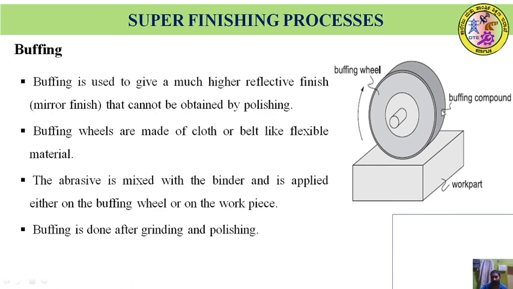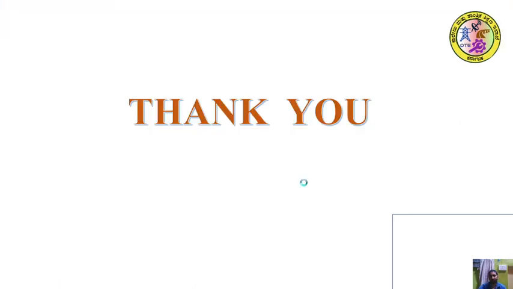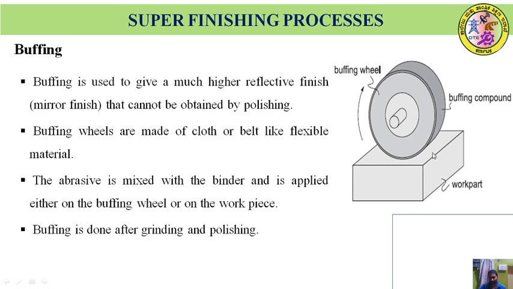This buffing compound is made up of emery, or it may be made up of chromium oxide or iron oxide, and binder paste. The paste is made of wax mixed with grease. Paraffin and kerosene or turpentine is also used as a lubricant between this workpiece and the buffing compound to give the mirror-like finish.